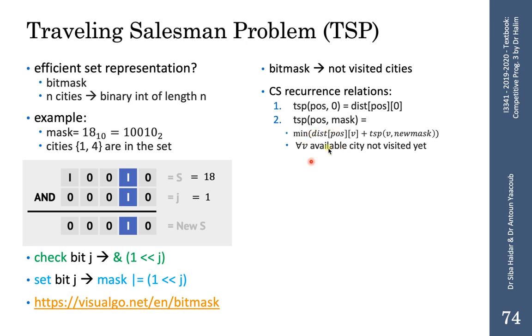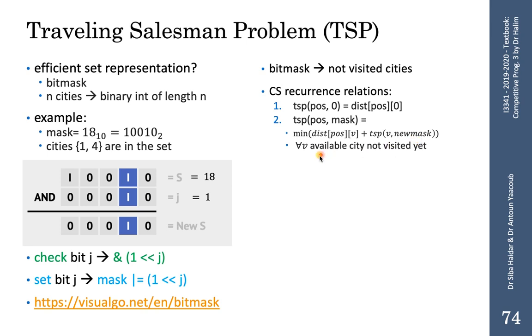Every time I choose one not yet visited city, I make the recursive call over it, and of course I will pass the adequate mask. Because I chose a city V, I have to remove it from the mask to indicate that it is being visited. Now you cannot visit it again.